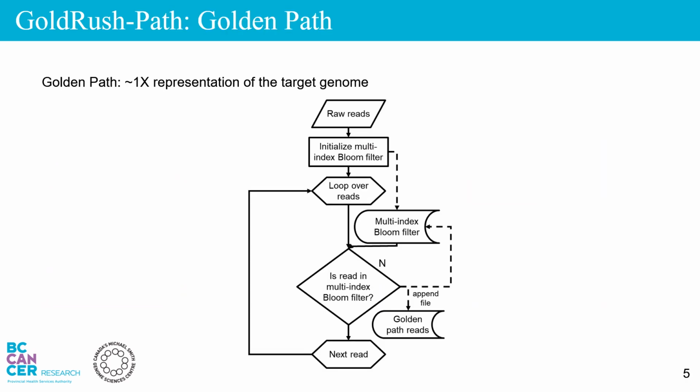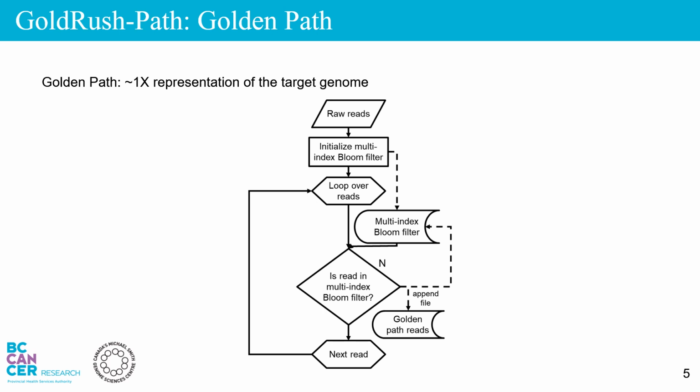We now define the golden path, which is an approximately 1x representation of the target genome. To generate the golden path, GoldRush-Path first initializes a data structure to store the reads in the golden path. This data structure is called the multi-index Bloom filter. GoldRush-Path then loops over the reads, querying each read against the multi-index Bloom filter.